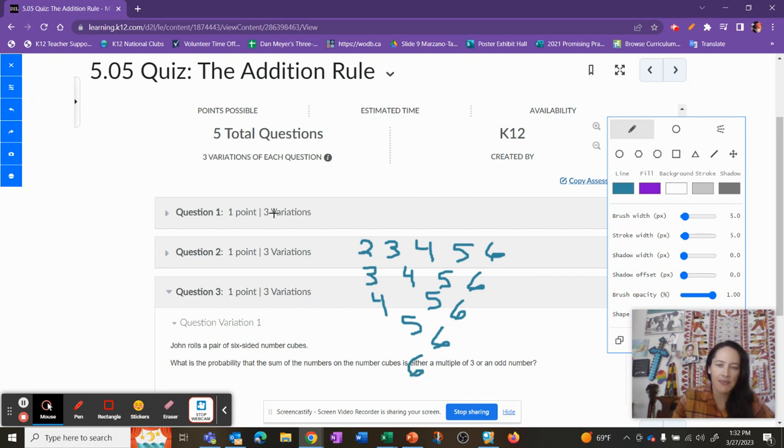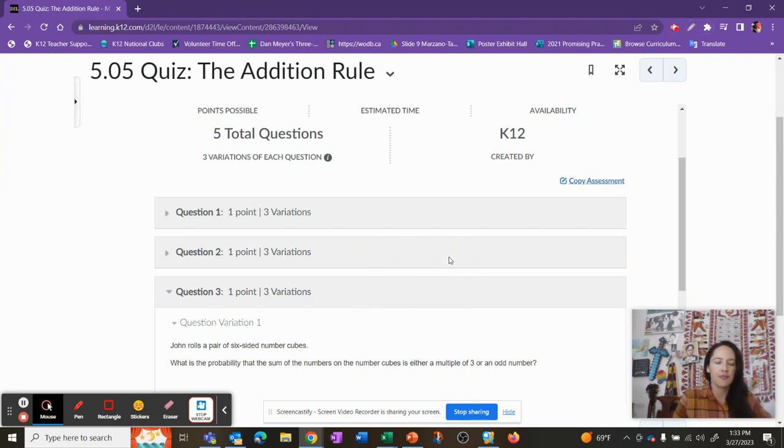Uh-oh, I'm all messed up. Anyway, right? If you roll a 1 and a 1, a 1 and a 2, or a 2 and a 1, oh, maybe I did something wrong right here. To get a 4, you can do a 2 and a 2, a 1 and a 3, or a 3 and a 1, and so forth, right? The pattern continues as you make the sample space.